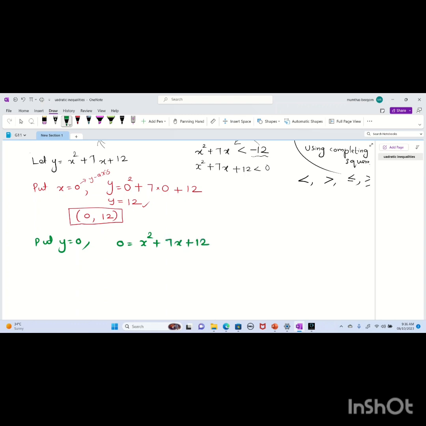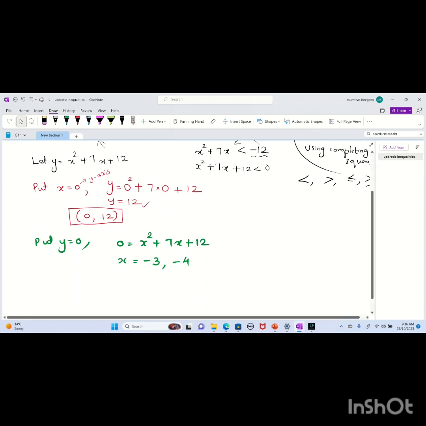This is a quadratic equation. You can simplify this in the calculator and you will get x equal to minus 3, minus 4. So we got 2 points on the x-axis. Now using these 2 points, we are going to sketch the curve.